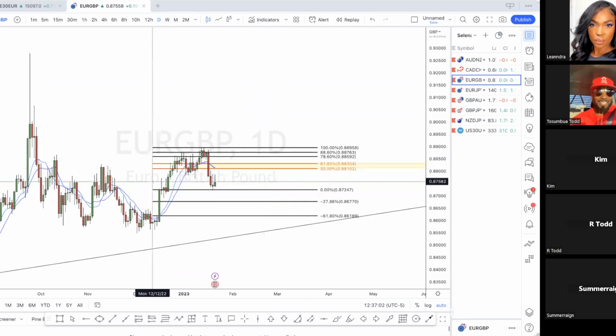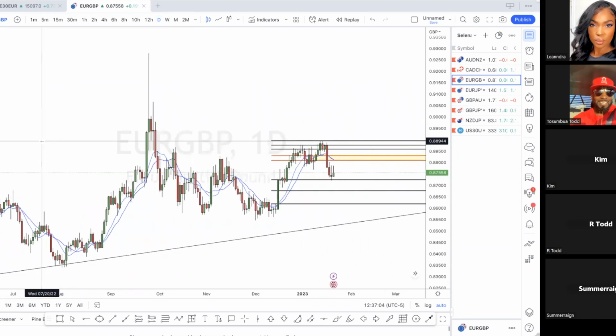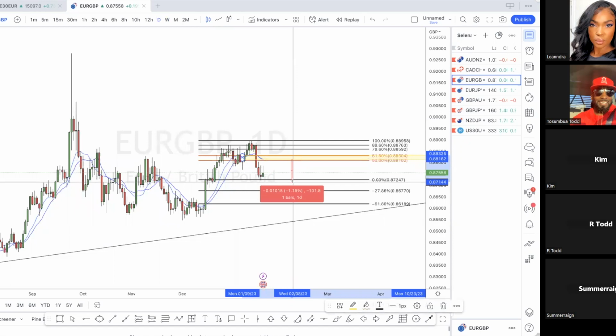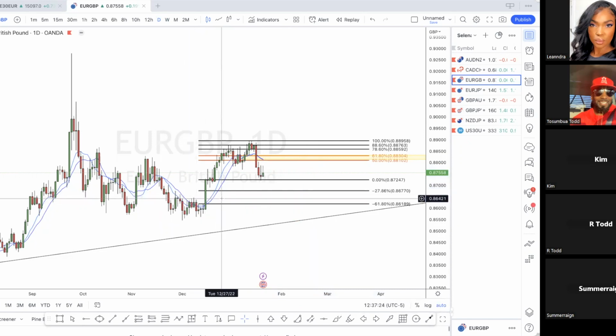And then pull back down to clear this negative 27 or the 61.8, which would be the retest of this break of structure, or to close this imbalance, to continue buying up.